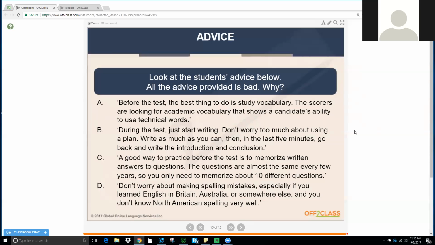So while you can do the body of your essay first, touching on your key points, and then go back and write the introduction and the conclusion, don't just write blindly. You still need that structure.